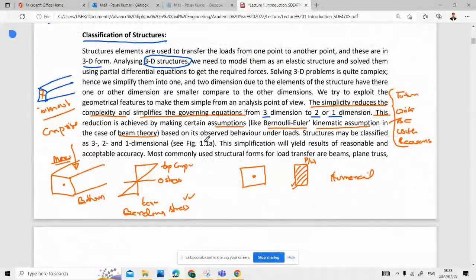So based on observing the behavior under the load, that is what they make these assumptions. They try to see how it is going to affect. They did some lab experiments and found that whatever assumptions they have made, it's very close to the analysis, right? It doesn't affect the analysis too much. It does affect, but it doesn't go beyond a certain level. So we can say, okay, in the test we got 10 kN of load, but while analyzing, we got like 12 kN of load.